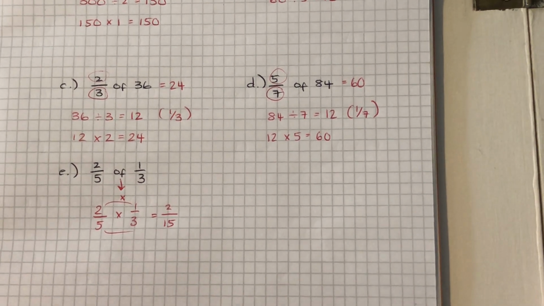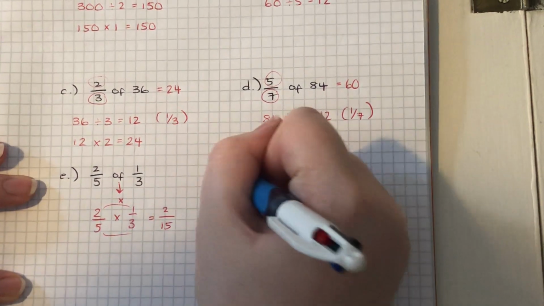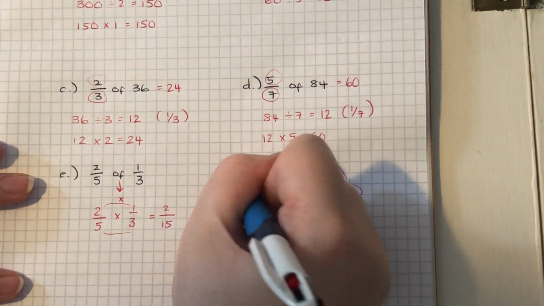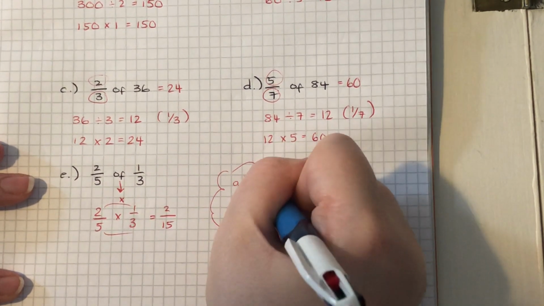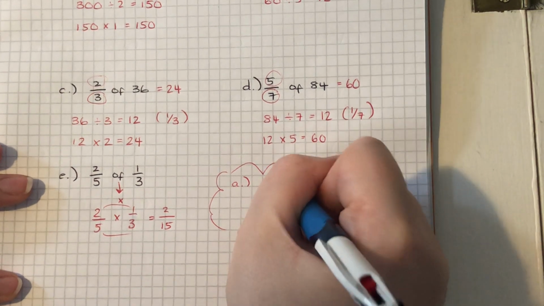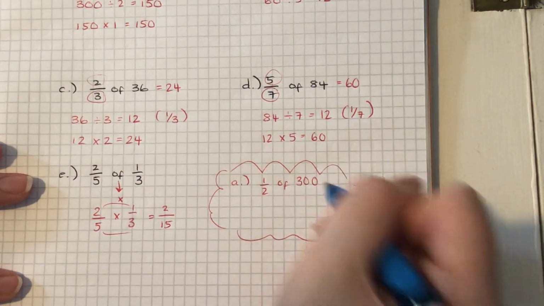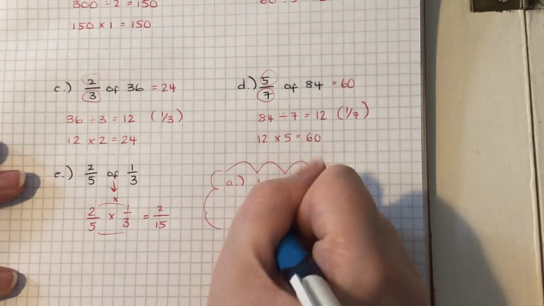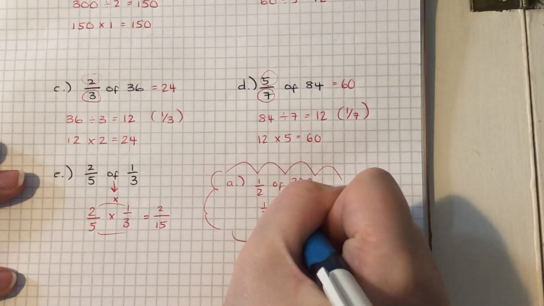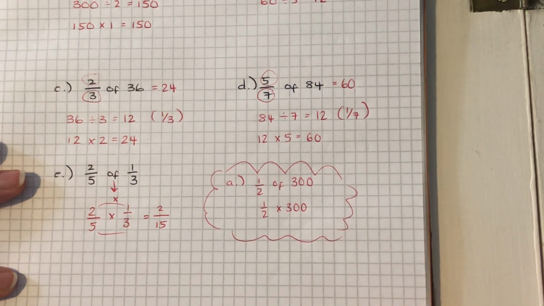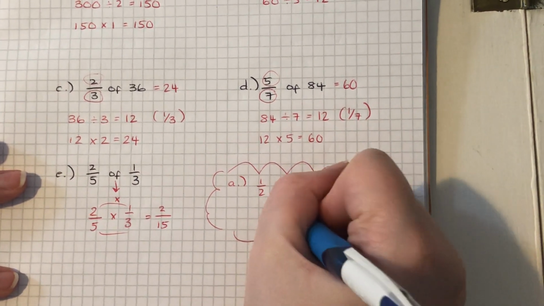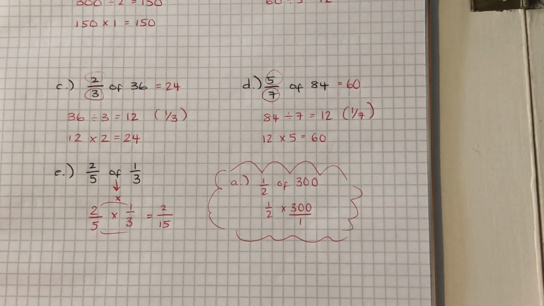So if I do it for A, okay, now this I would only say use it if you've got a calculator. If you don't have a calculator, some of the numbers can get quite awkward and you might have decimals. So if you just do 1/2 times 300, okay, now I obviously don't have a calculator, so I'm going to just do it as 300 over 1.